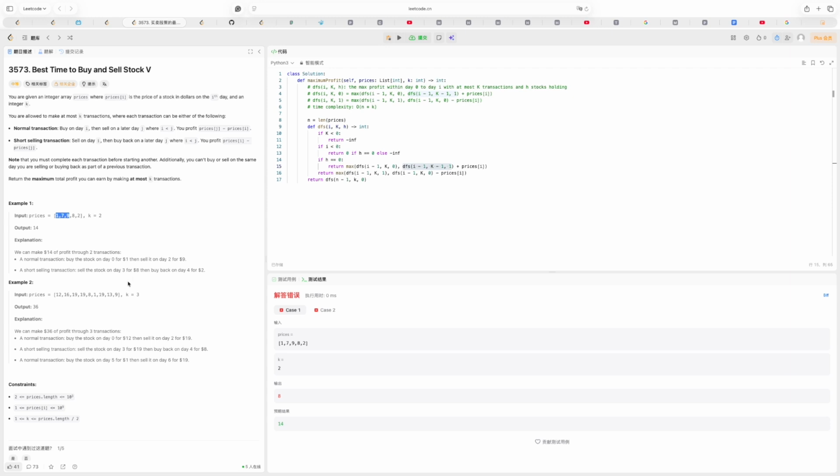Okay. Then we should change, and this should also be changed. I think this will be 0, since at first day we can sell.